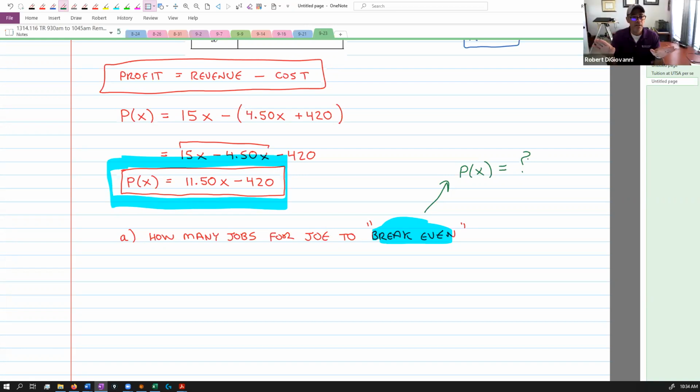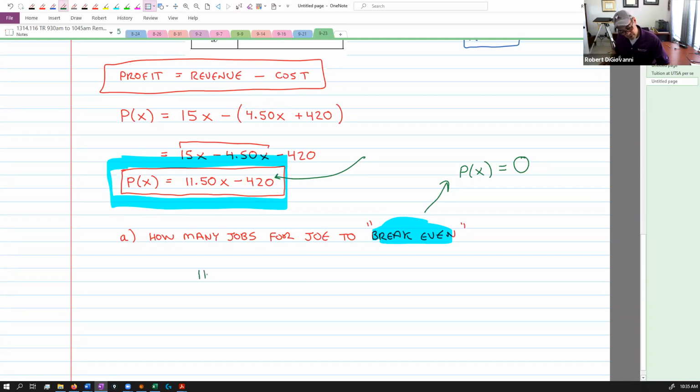No profit. You don't want that in a business, but let's see when the profit would be zero. See, this profit function is already accounting for the 420. We don't have to say, oh, when is profit 420 to offset the 420? It's in here. You see it? There's the minus 420. So we need to somehow figure out what X needs to be to make all of this become zero.